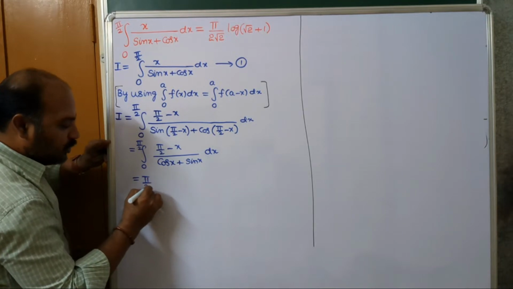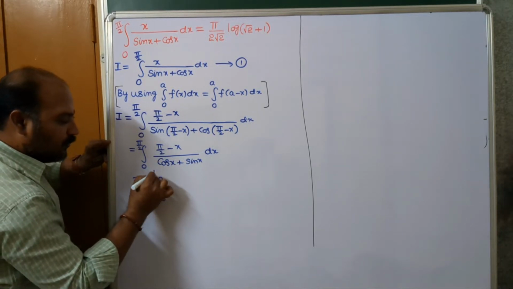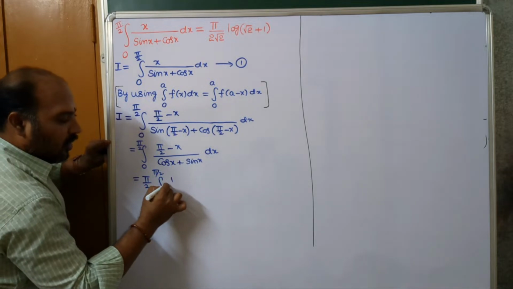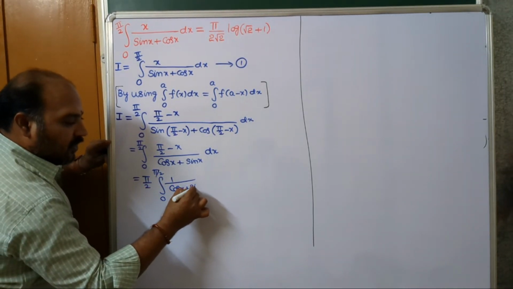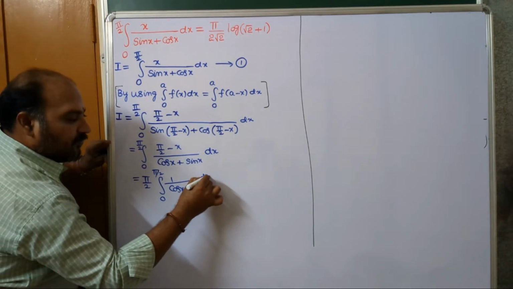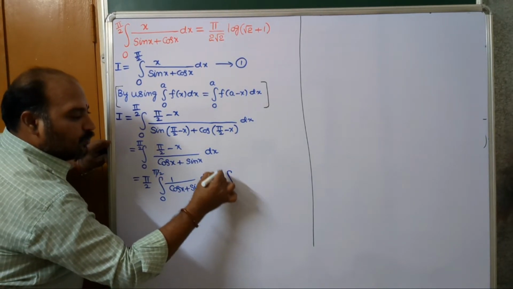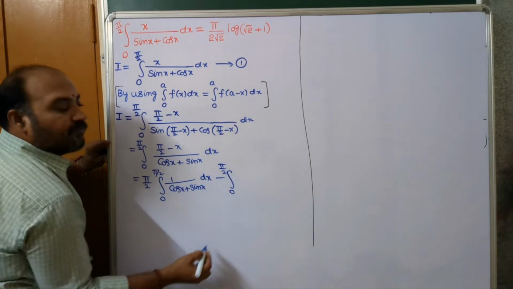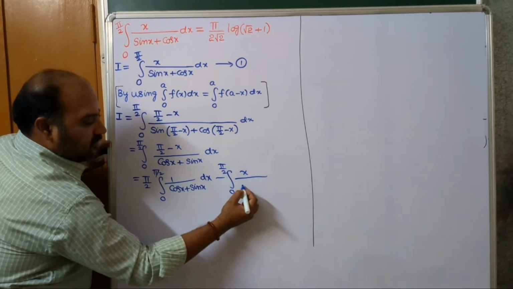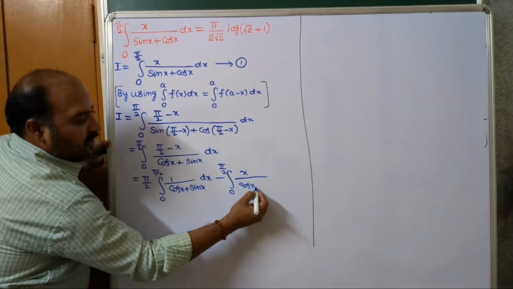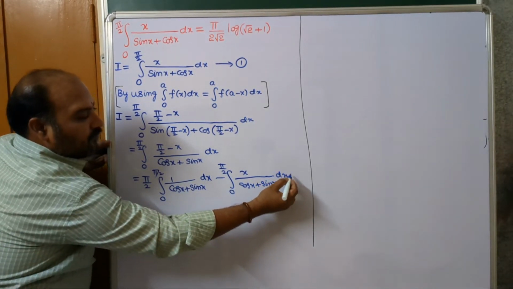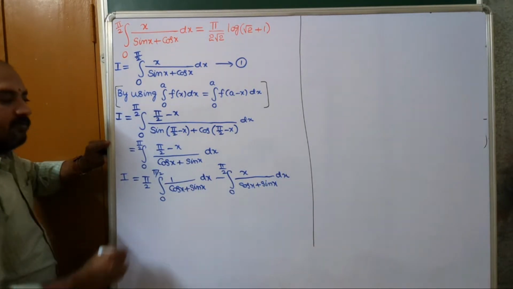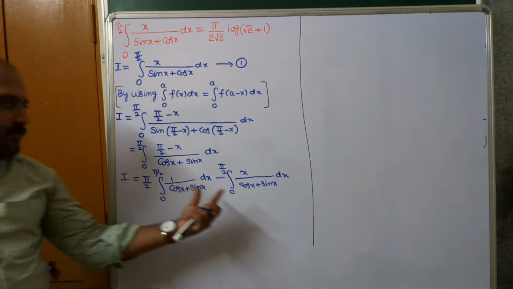So pi by 2 into integral 0 to pi by 2, 1 by (cos x plus sin x) into dx, minus integral 0 to pi by 2 x by (cos x plus sin x) into dx. This is about I. From equation 1, this value is equal to I only.